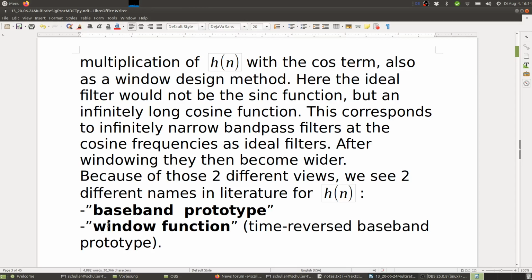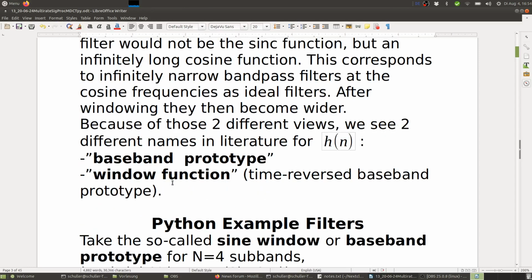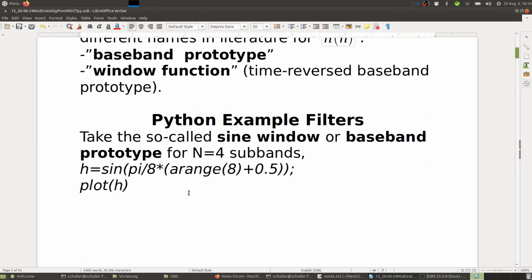There, the ideal filter would be the infinitely long cosine function. So mathematically it's the same, just the viewpoints are different, and hence we get those different names. And both can be found in the literature, right? You just have to be aware that both mean the same. So here I try to focus mostly on the name baseband prototype, but I will also use the name window function.